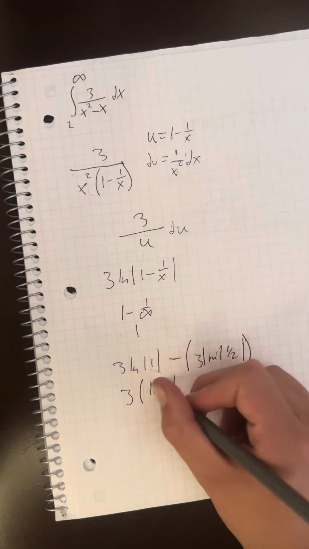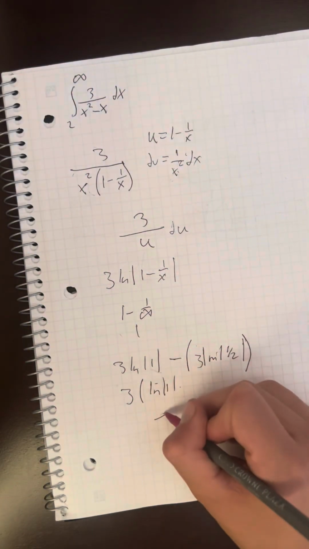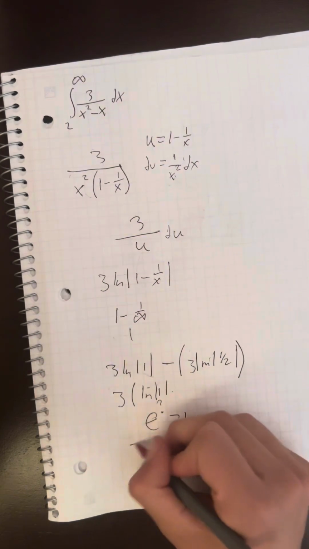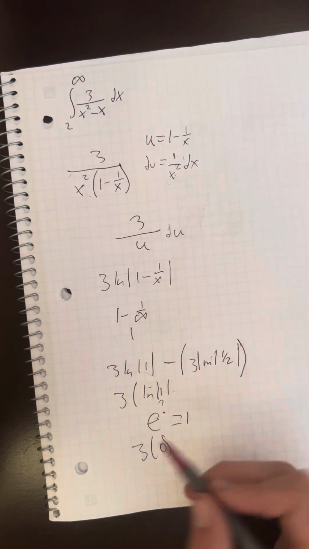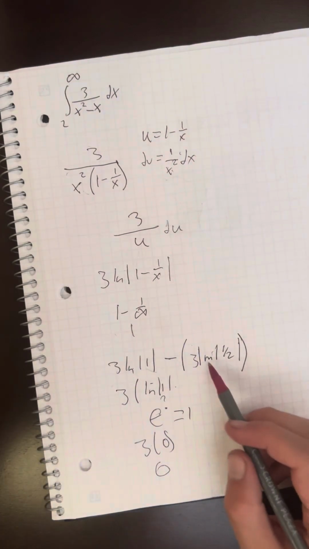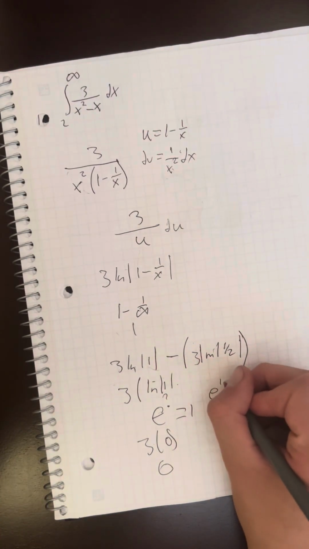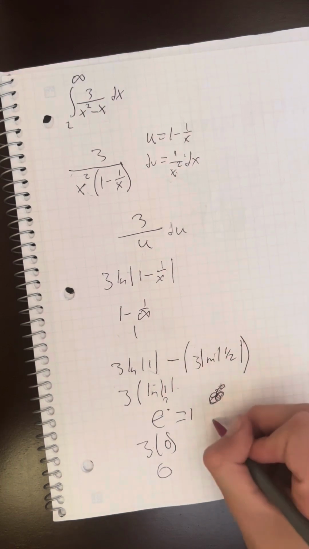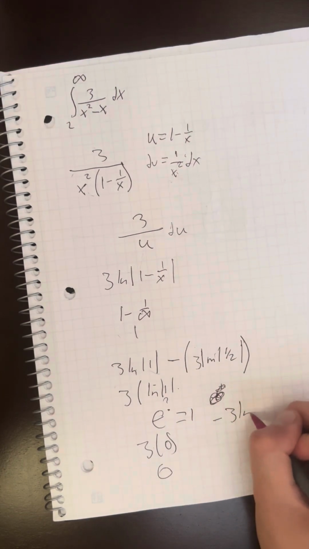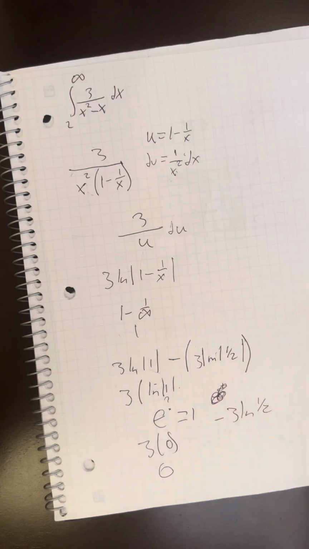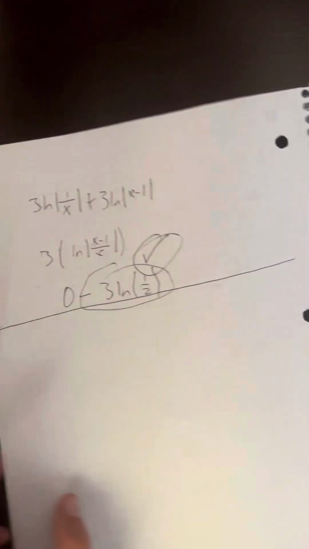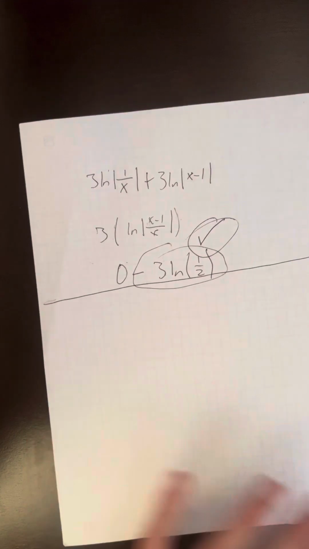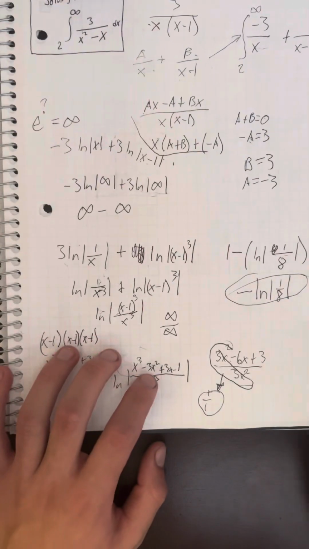Oh wait, ln of 1. E to the power of what gives you 1? 0. 3 times 0, 0. Now, e to the power of what is 1/2? We can't do that. It's pretty hard. So it's just negative 3 ln 1/2. And that is the same thing we got from the other method, which is also equal to this method if you plug it in.